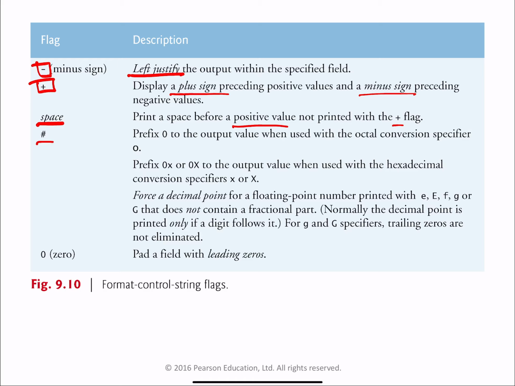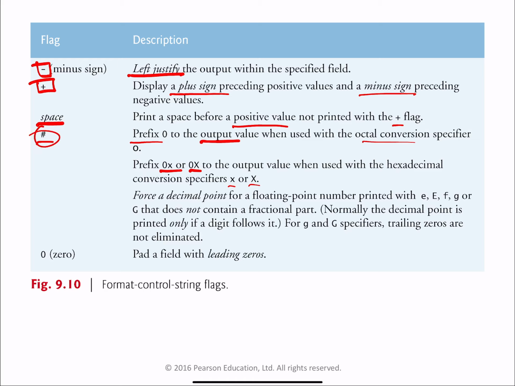If you add a hash inside the conversion specifier, it prefixes a 0 to the output value when used with octal. It'll prefix a 0x or 0 capital X, depending on what you're choosing, if you're printing out a hexadecimal number.